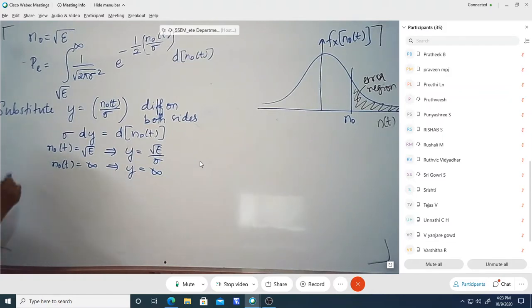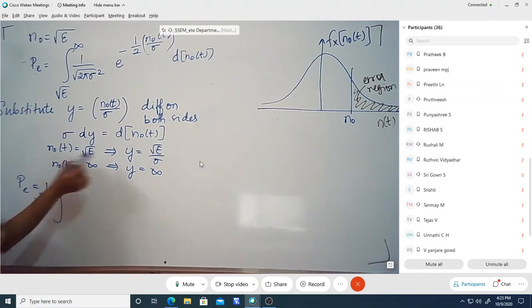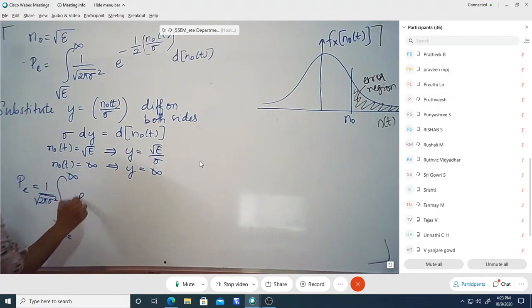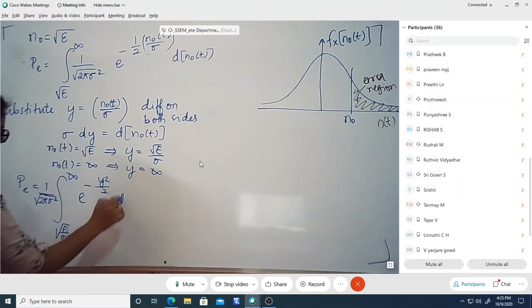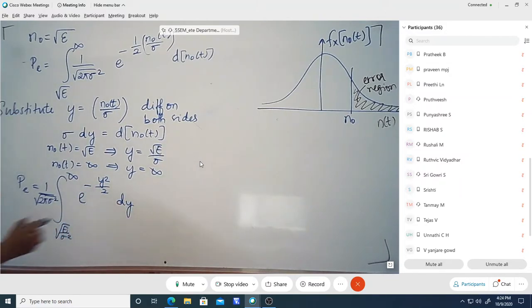Okay, doing the substitution, PE is equal to 1 over under the root 2 pi sigma square, the lower limit replaced with root E by sigma, till infinity, e raised to minus y square by 2 into dy into sigma.